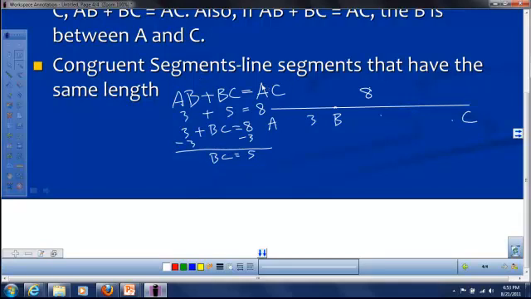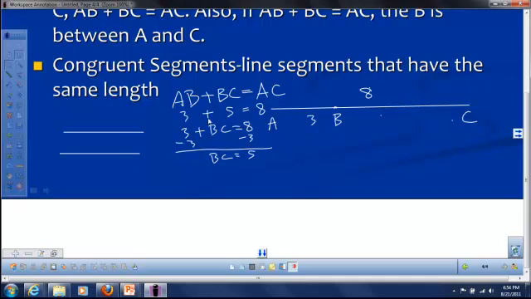These are line segments that have the same length. So if I draw a segment like this, and let's say I take this and I'm going to use the old copy and paste. We can take a look at these, and these both have the same length, therefore they're congruent segments.